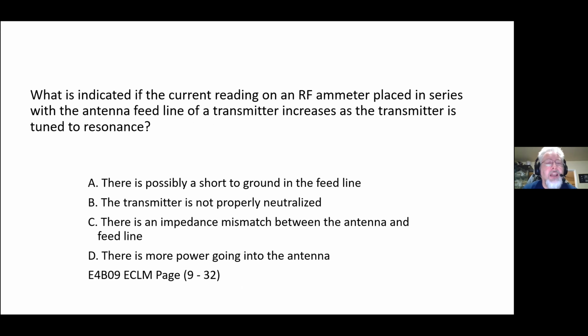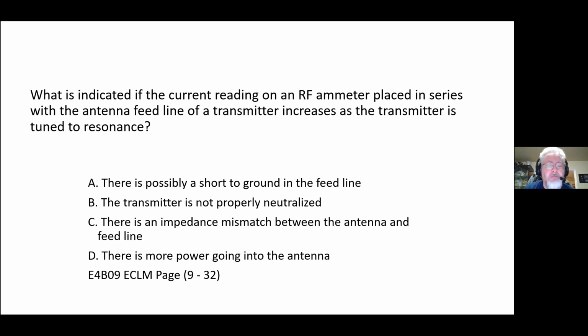What is indicated if the current reading on an RF ammeter placed in series with the antenna feed line of a transmitter increases as the transmitter is tuned to resonance? A, there's probably a short to ground in the feed line.